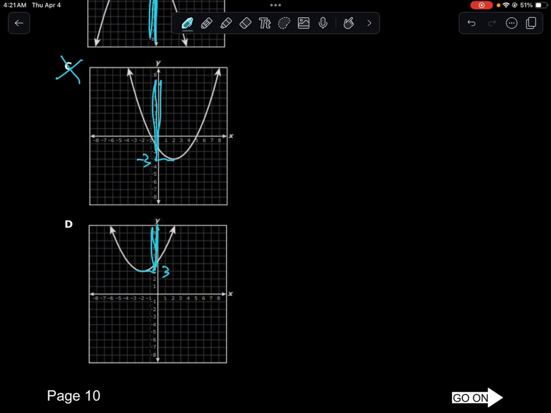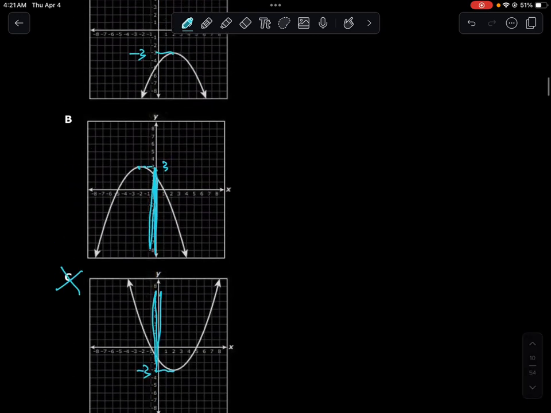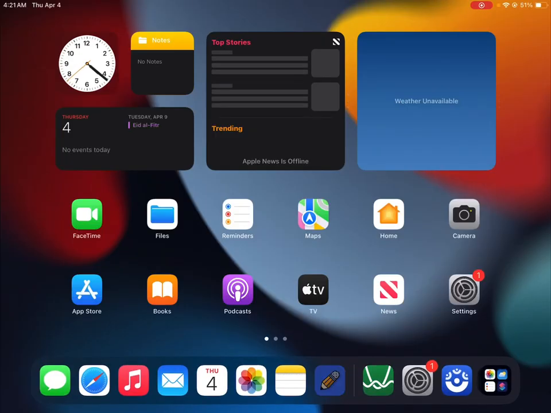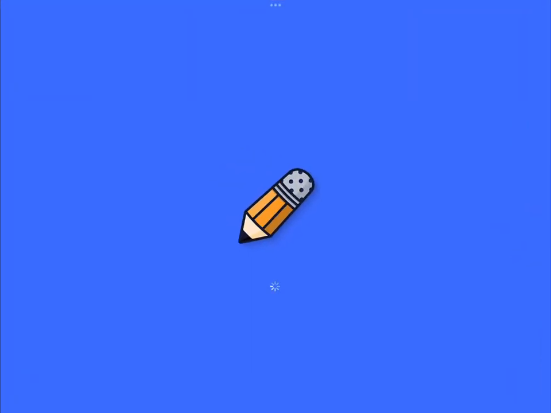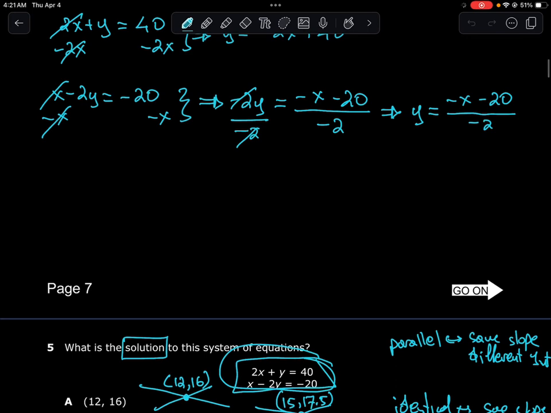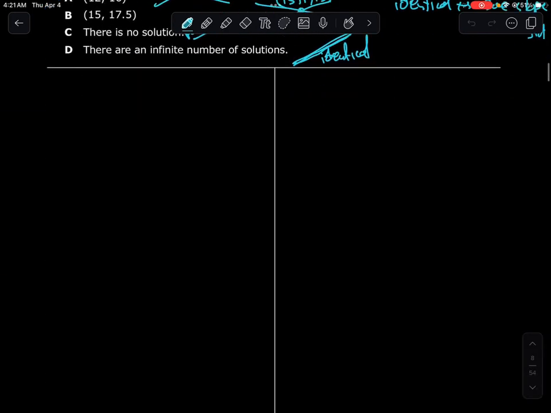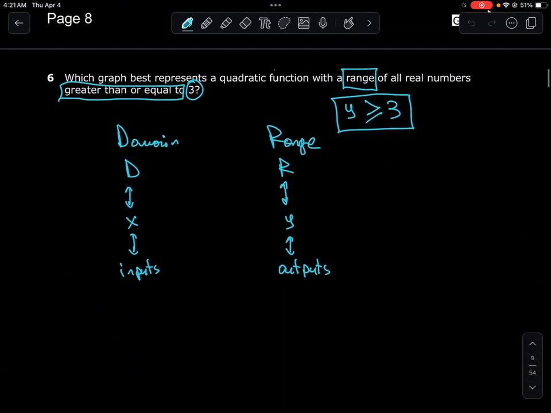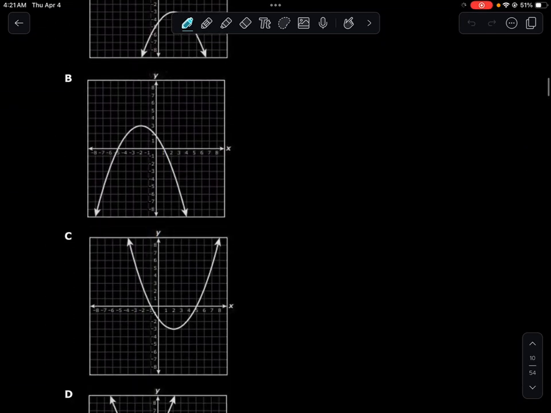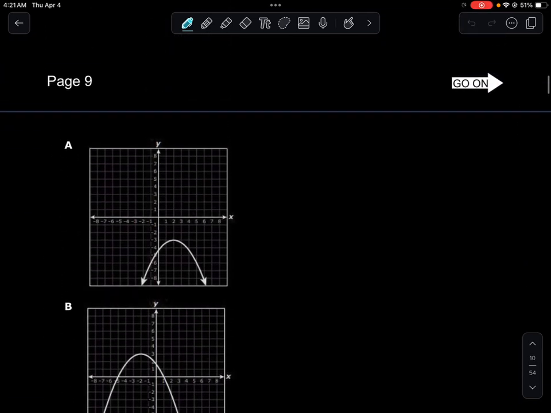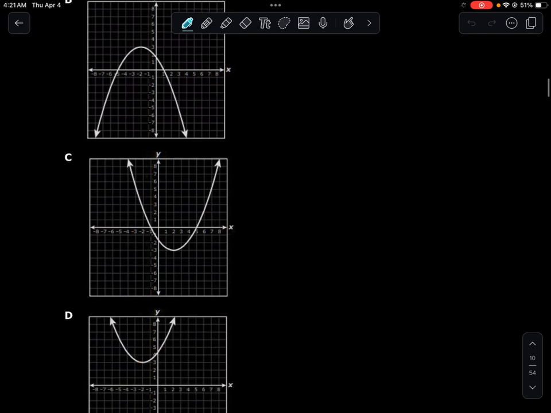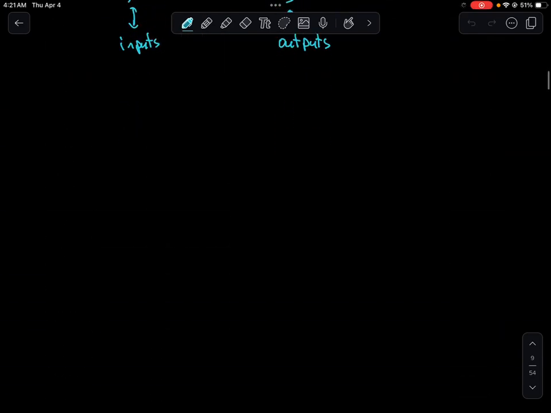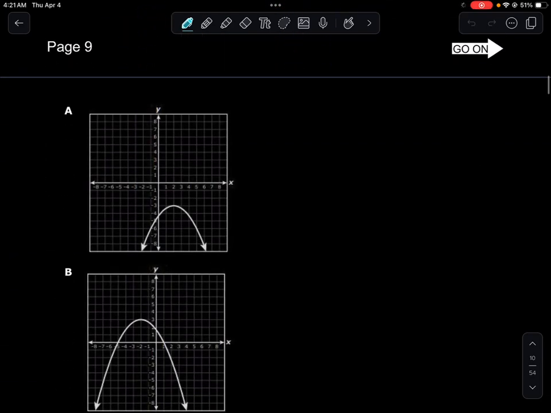Okay, so which one is it now? It's greater than or equal to 3. Let's repeat that. That's from -3 and down.